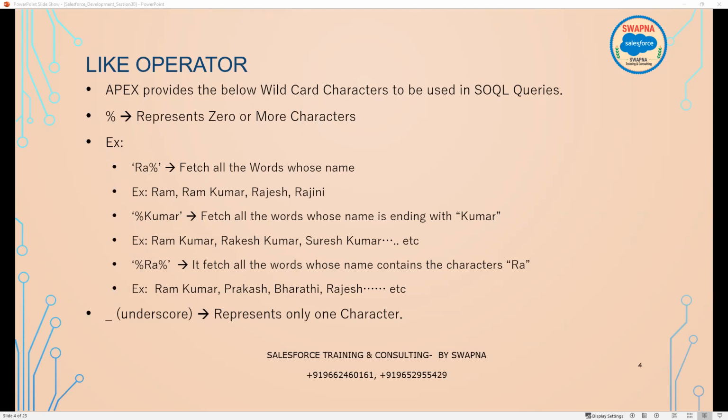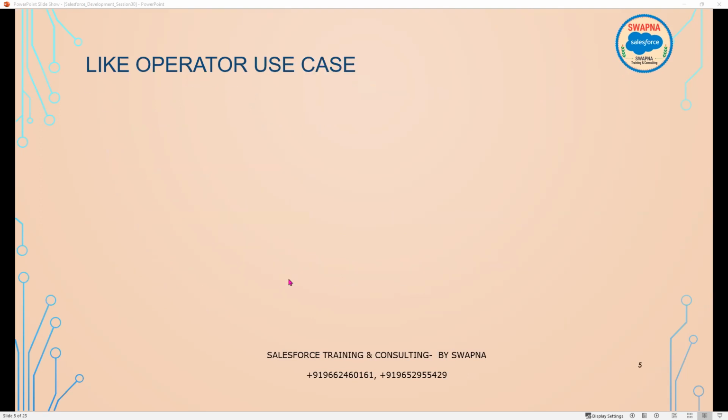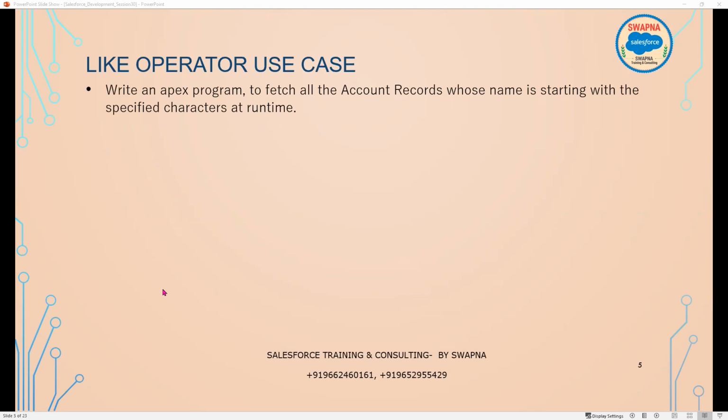Okay, so let's see one use case. My use case is: write an Apex program to fetch all the account records whose name is starting with the specified character at runtime.